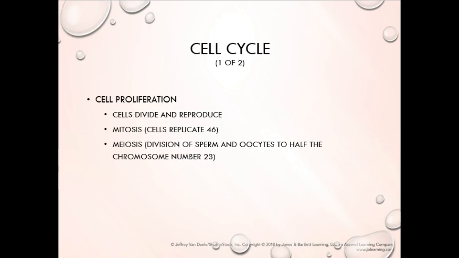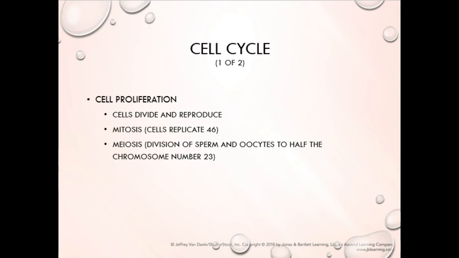So if you can picture the cell itself and then the nucleus in the center, inside of that nucleus we will have 23 pairs of chromosomes. They actually dissociate and form this kind of just bowl of spaghetti of DNA. But we'll have 46 chromosomes. So 23 pairs, 46 total.